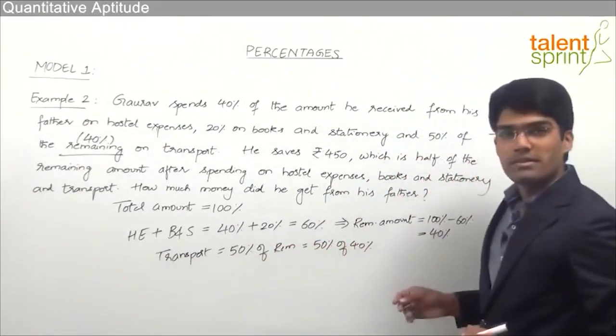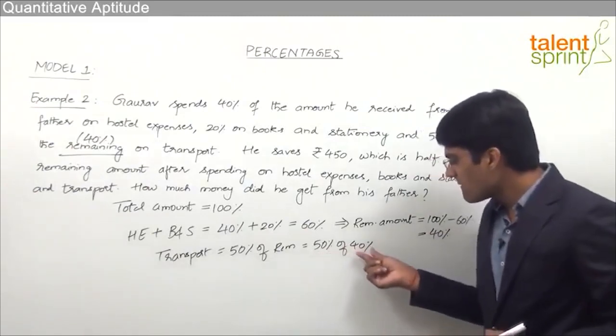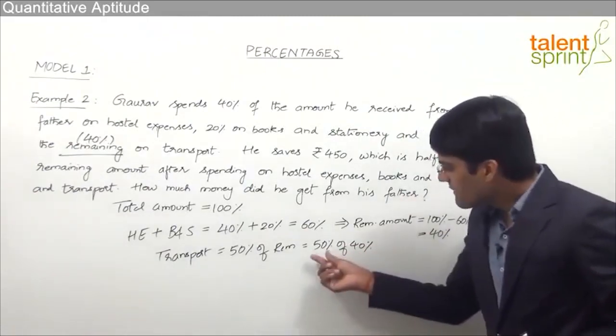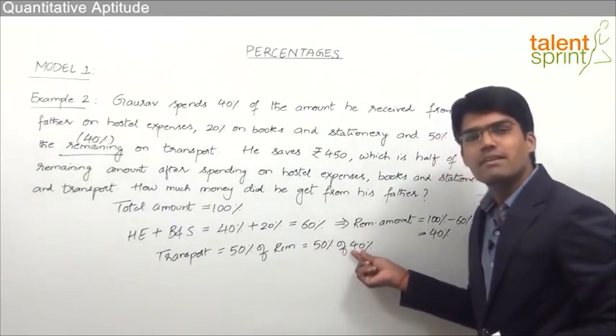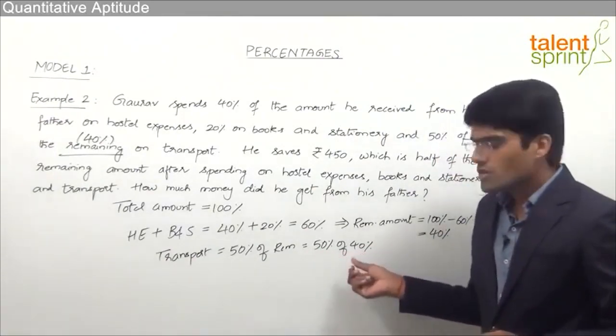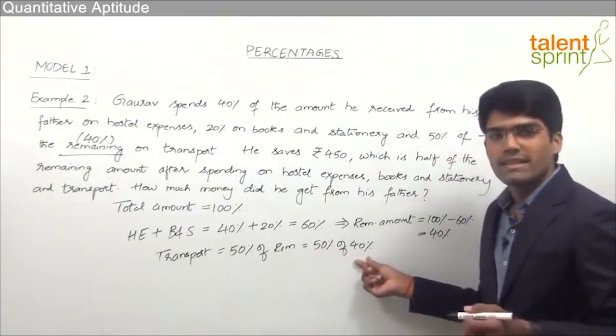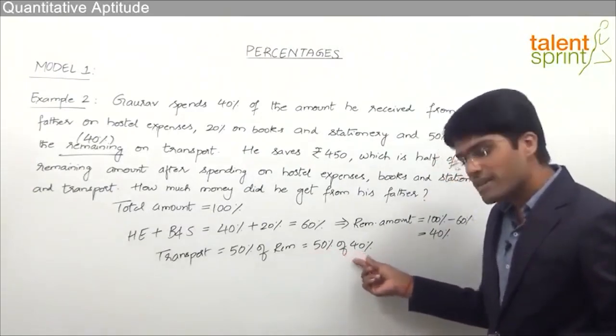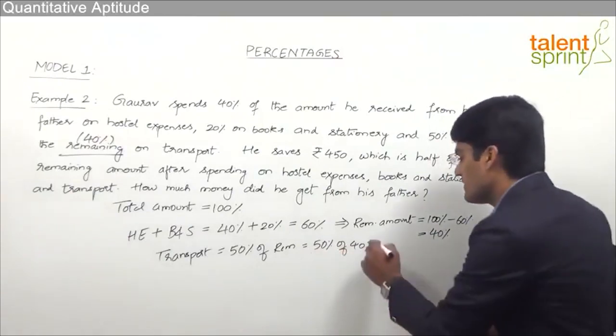Now this is like percentage of percentage. We know that 50% of 40 is 20. 50% is half. So half of 40 is 20. So 50% of 40 is 20. So we can say that 50% of 40% should be 20%.